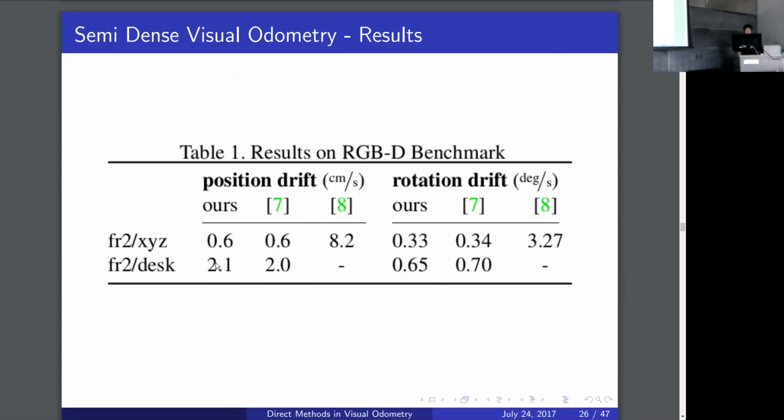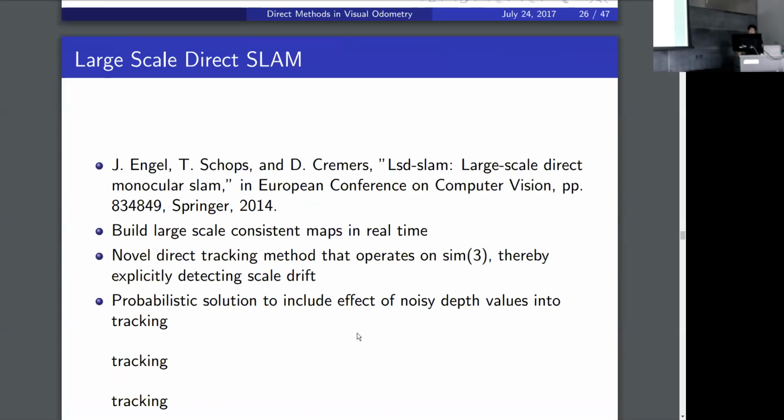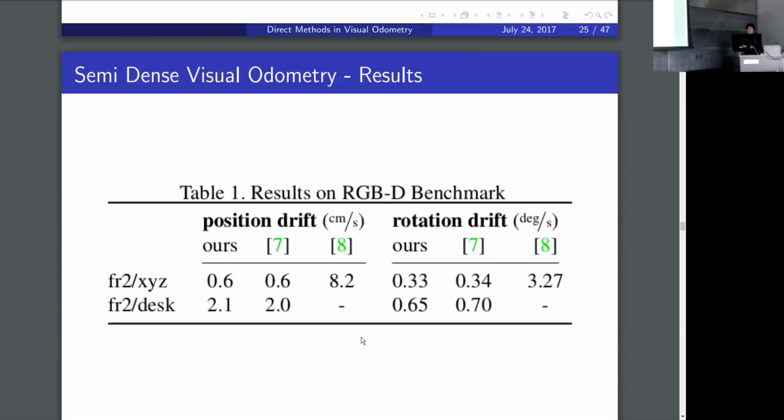In terms of drift, they demonstrate that it's comparable to fully dense methods, and it outperforms feature-based algorithms and so on. So that's semi-dense visual odometry.